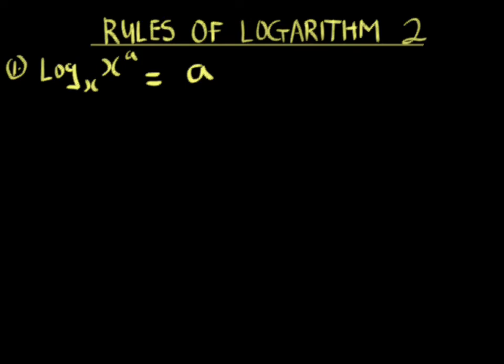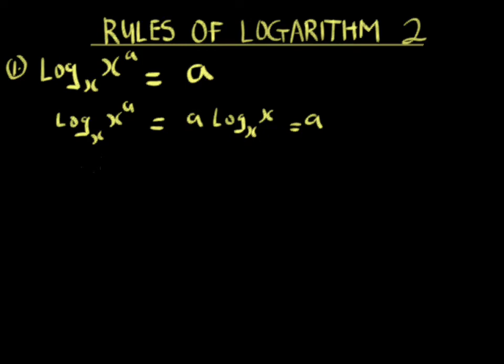You can see it clearly because if we have log x base x raised to power a, from the previous video we know that this a goes behind the logarithm. So we will have a log x base x, and from our previous video, log x base x would always give us 1. So this is how we get a.